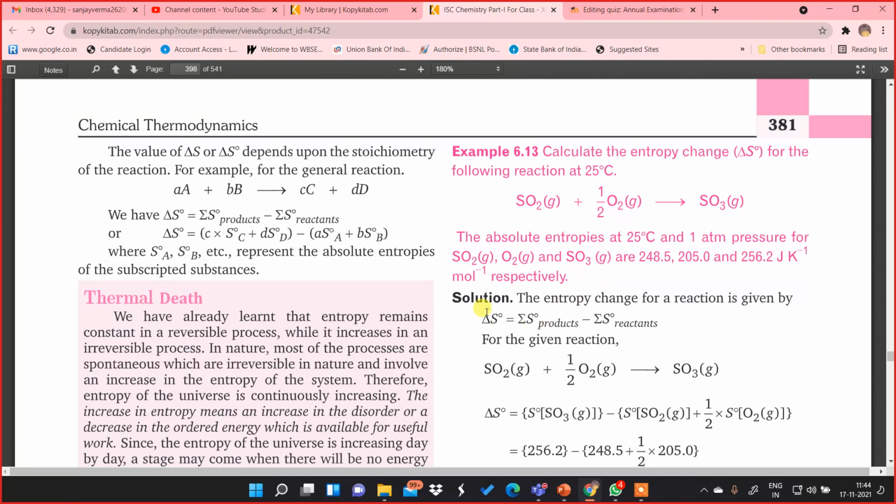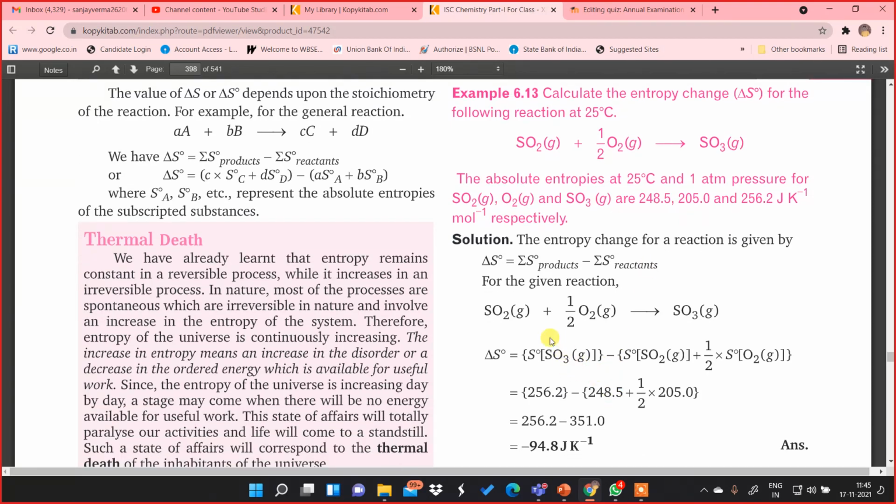That's very easy. So here also it is direct application of formula. Delta S naught is the sum of the standard entropy of the products minus the sum of the standard entropy of the reactants. So delta S naught becomes equal to S naught of SO3, this is the product, minus the reactants.